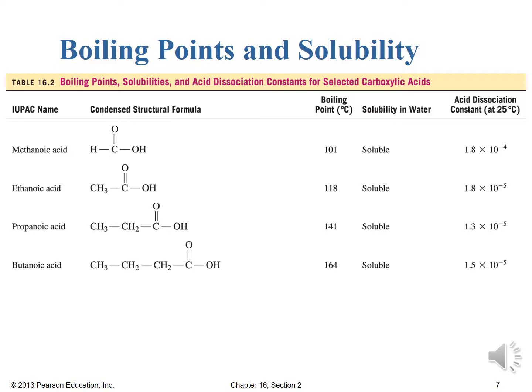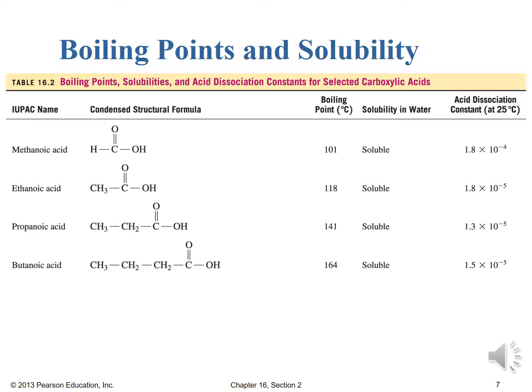Next, we see the butanoic acid, the largest of the soluble carboxylic acids, water soluble anyway. Nice high boiling point, 164 degrees Celsius, and again, a slightly smaller acid dissociation constant. It's actually larger than the propanoic acid, but smaller than the ethanoic acid.